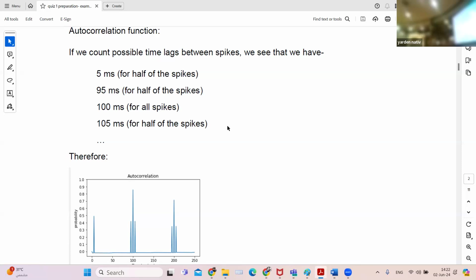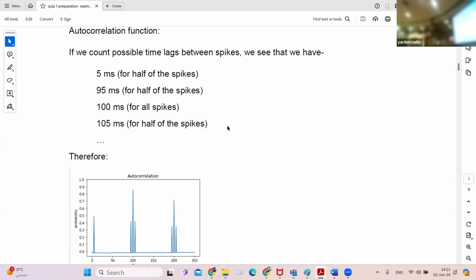Now let's look at the following one. For 100 milliseconds, how many spikes do I have 100 milliseconds apart? So I have the one at 0 and 100, and another one at 5 and 105. So for each spike, I will have one possibility that there will be a next one within 100 milliseconds.